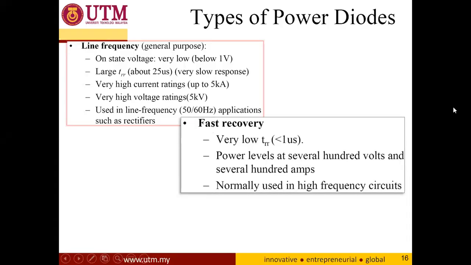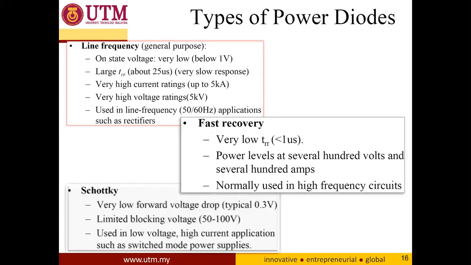The second type is the fast recovery diode, which has a very low TRR. And lastly is the Schottky diode. This diode has a very low forward drop, and it is used in low voltage, high current applications.